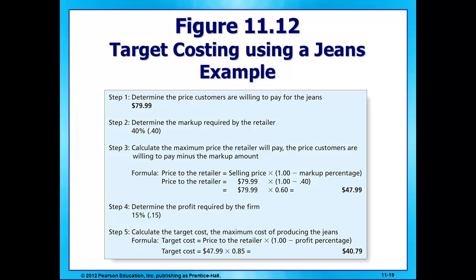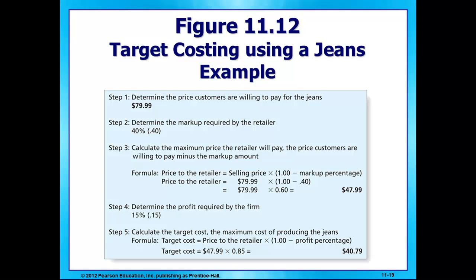The reason that this is also called target costing is because what we see in step 5 is that this method allows the manufacturer to identify the maximum cost that that company can incur to produce their product and still meet the margins for each channel member and hit the sweet spot.